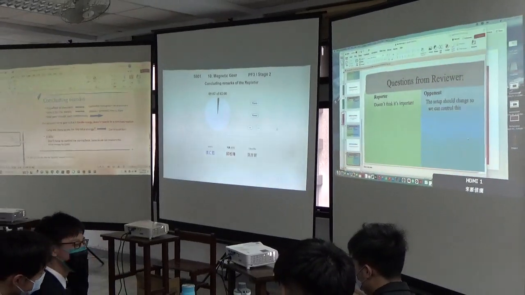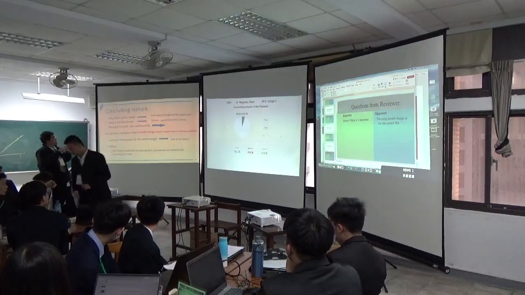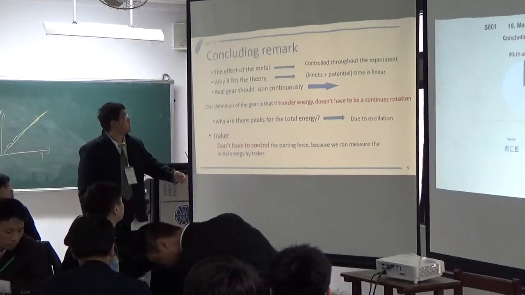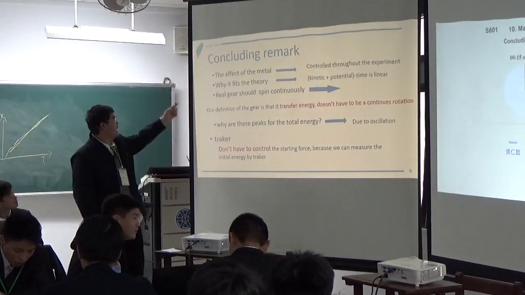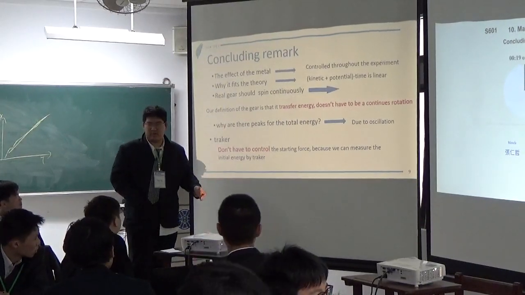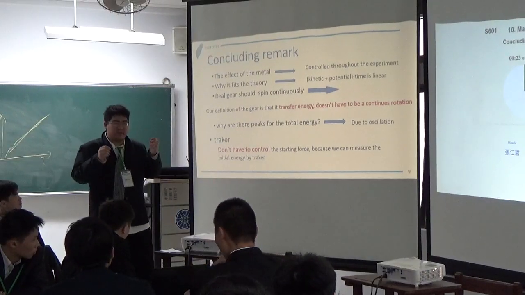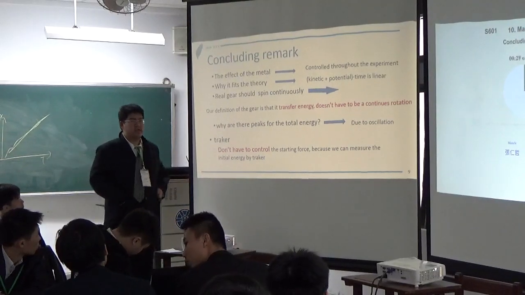Conclusion from the report, 2 minutes. About the concluding remark, as the opponent asked, the effect of the metal was controlled, but because I used the same fidget spinner, it did affect.